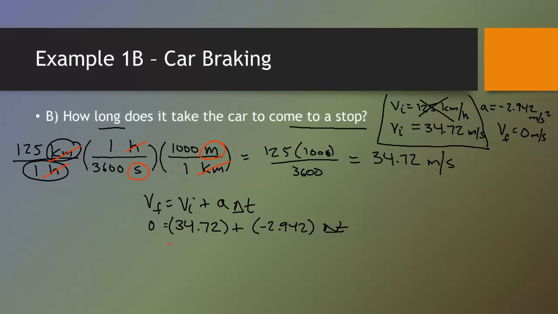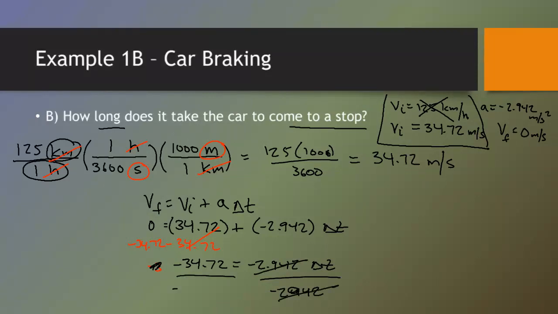If you do a little algebra here, subtract 34.72 from both sides, and then divide to get delta t, you should find that the time that it takes for the car to stop should be 11.80 seconds. And so now we know how long it takes for the car to stop.